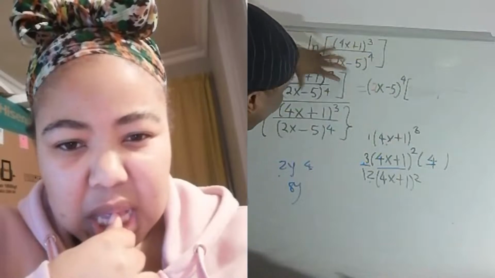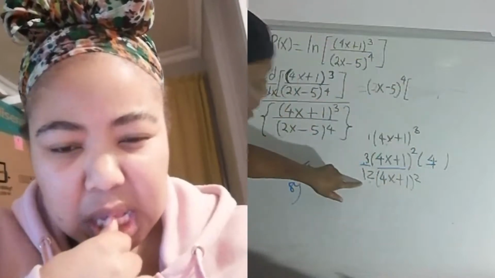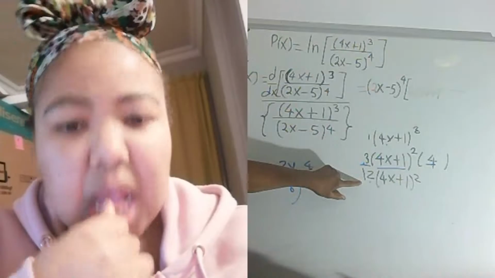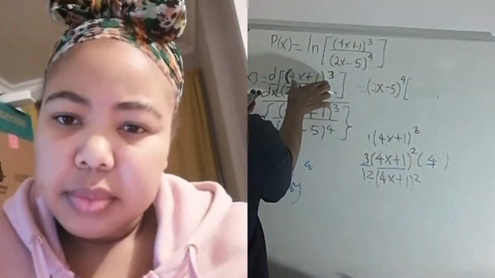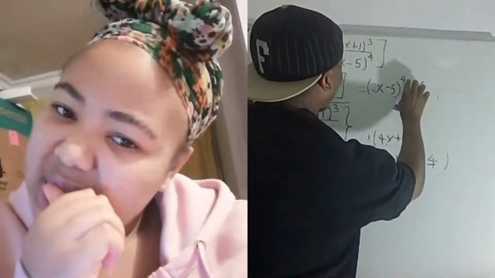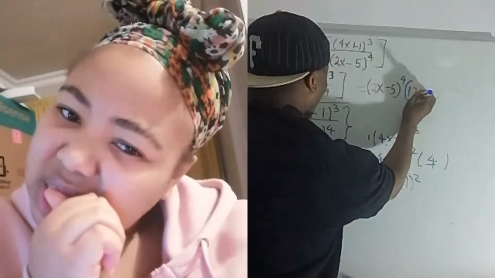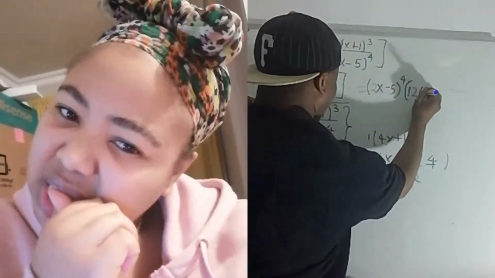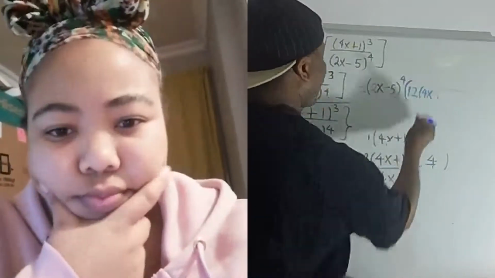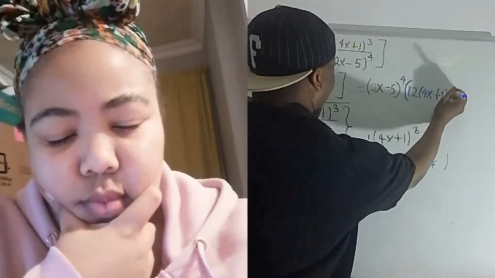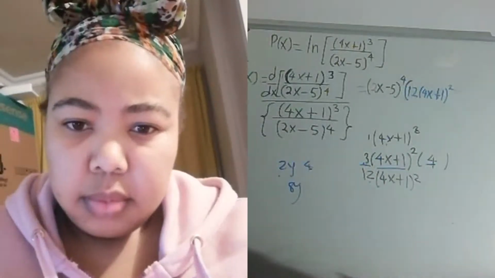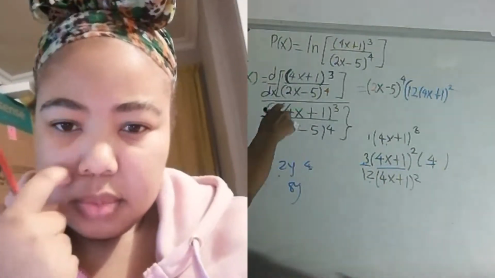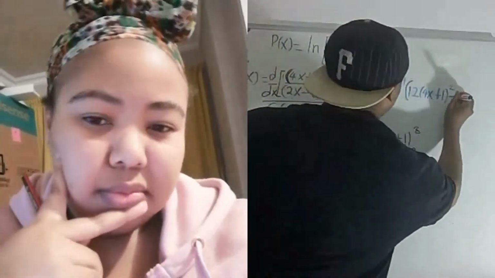So I took my numerator and differentiated it. Numerator constant, differentiate numerator, get 12 for (4x plus 1) power square. Minus, because it's a quotient.